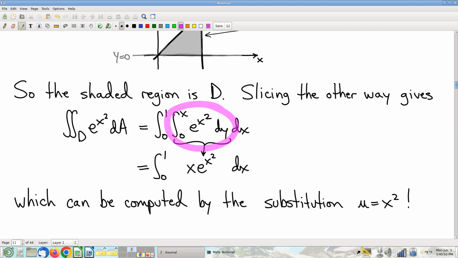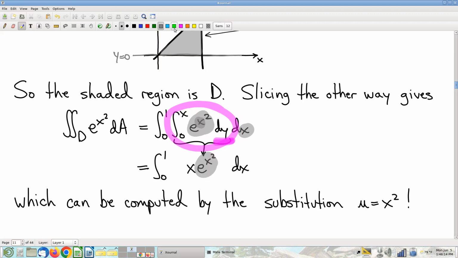For one thing, this is a dy integral on the inside. x is a constant. That means e to the x squared is just a great big scary looking constant, but it remains a constant. So super easy to take an integral of.